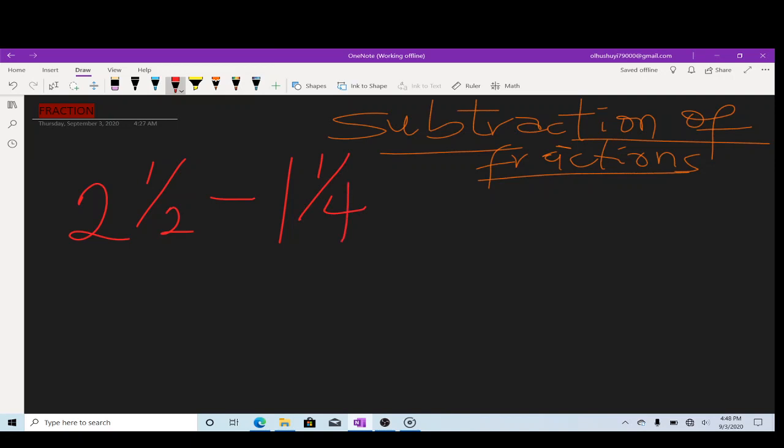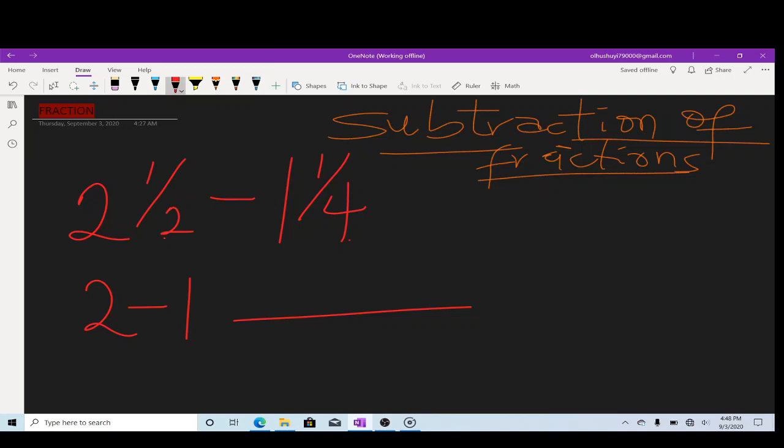What do you do? You can decide to convert the two mixed numbers back to improper fractions, or you work with them the way they are. If you want to work with them the way they are, good. Look out for the whole numbers. The two whole numbers there are 2 and 1. Subtract them first. You have 2 minus 1.